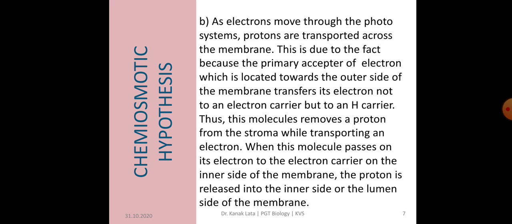Hence, this molecule removes a proton from the stroma while transporting an electron. When this molecule passes on its electron to the electron carrier on the inner side of the membrane, the proton is released into the inner side or the lumen side of the membrane.